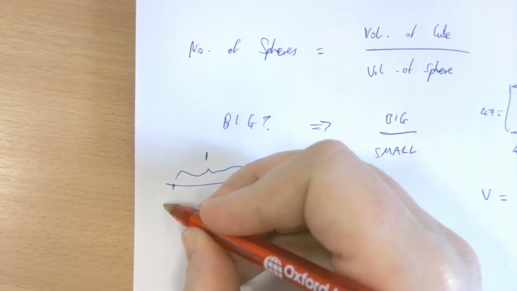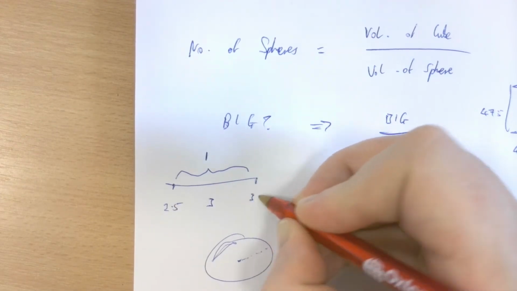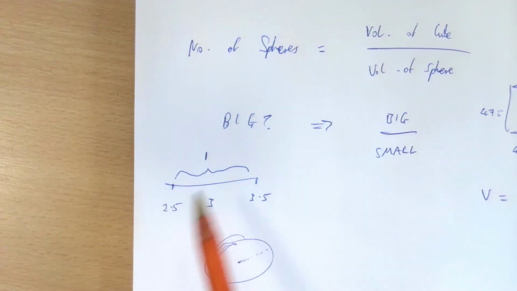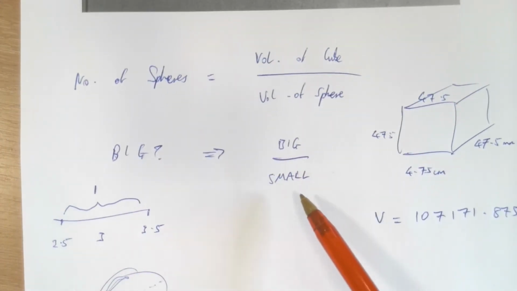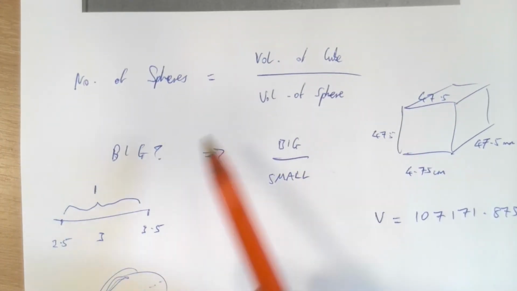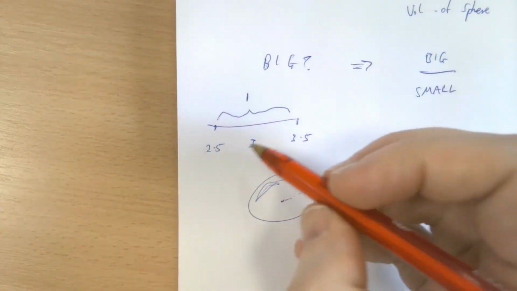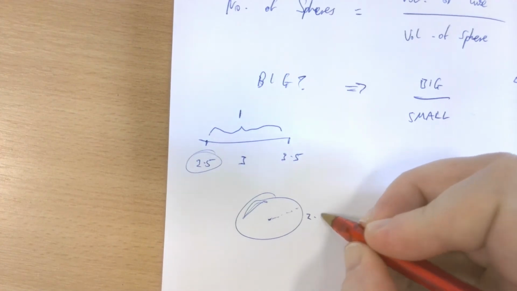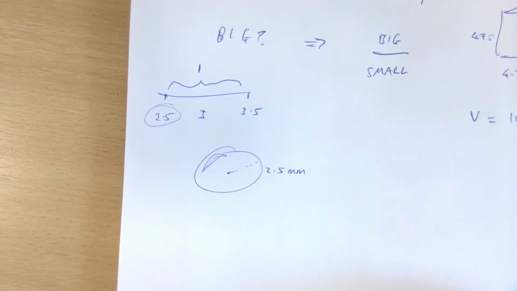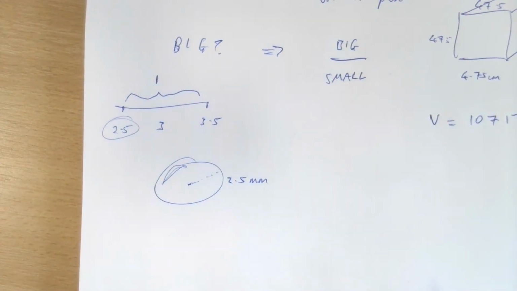So similarly, 2.5 and 3.5 are the limits of the range of values it could be. We want the volume of the sphere to be small because of what we've talked about earlier. So I'm going to use the lower value, 2.5 millimeters.